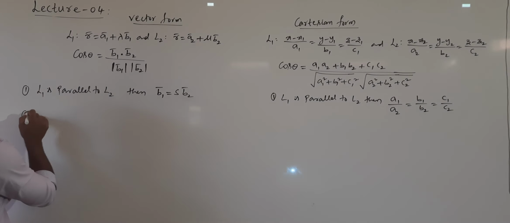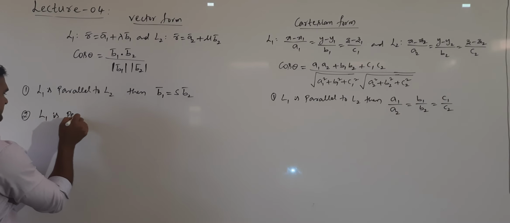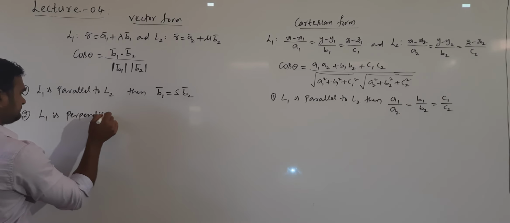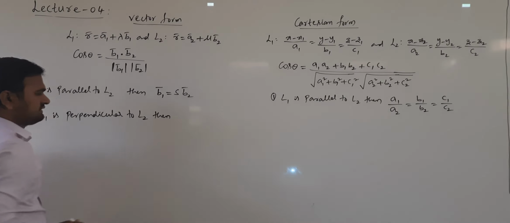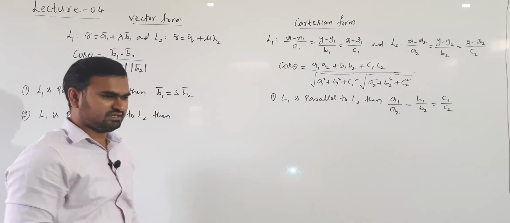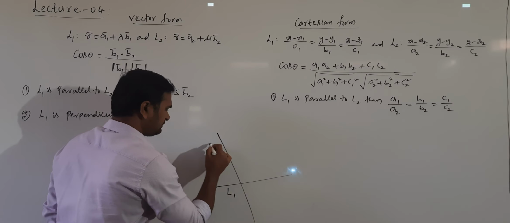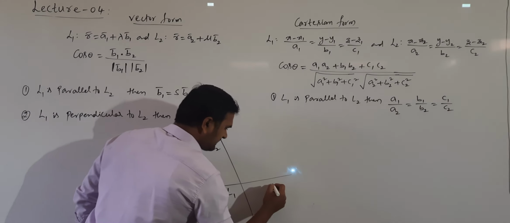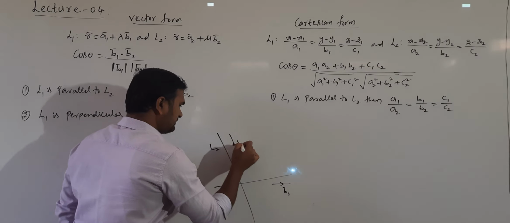Next, if the lines are perpendicular, L1 is perpendicular to L2, then lines are perpendicular means their parallel vectors are also perpendicular. Suppose this is L1 and this is L2. L1 is parallel to B1 bar and L2 is parallel to B2 bar.